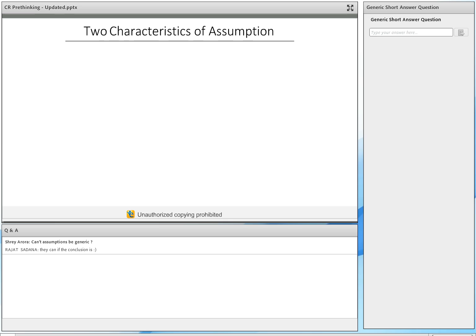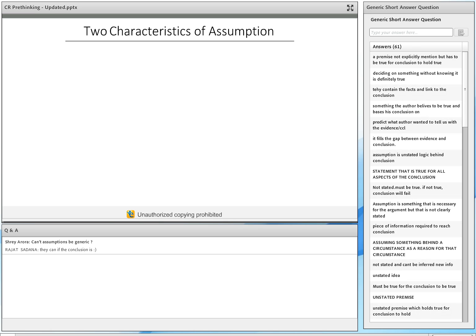All right, another 5 seconds and then I'm going to share the results. 3, 2, and 1.